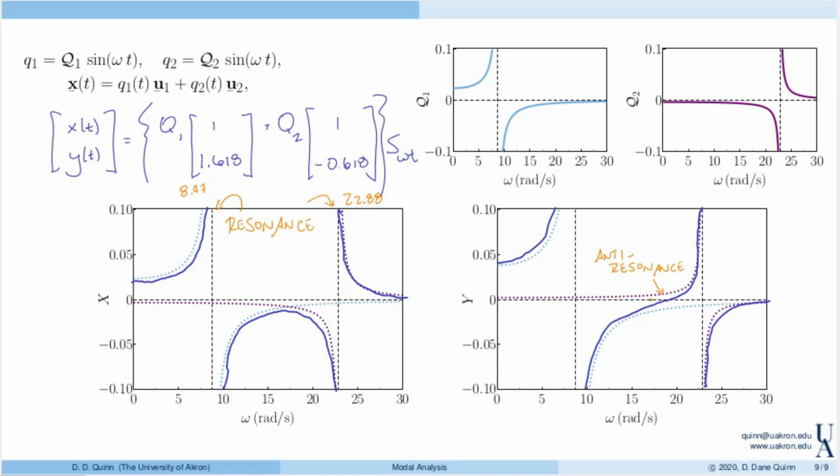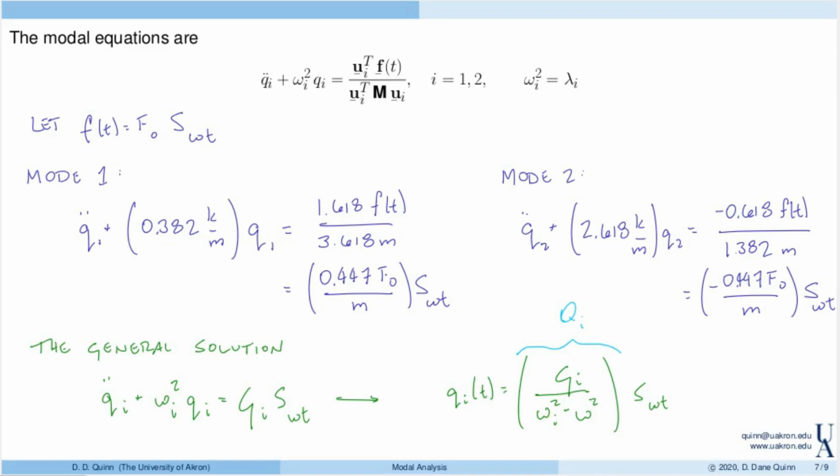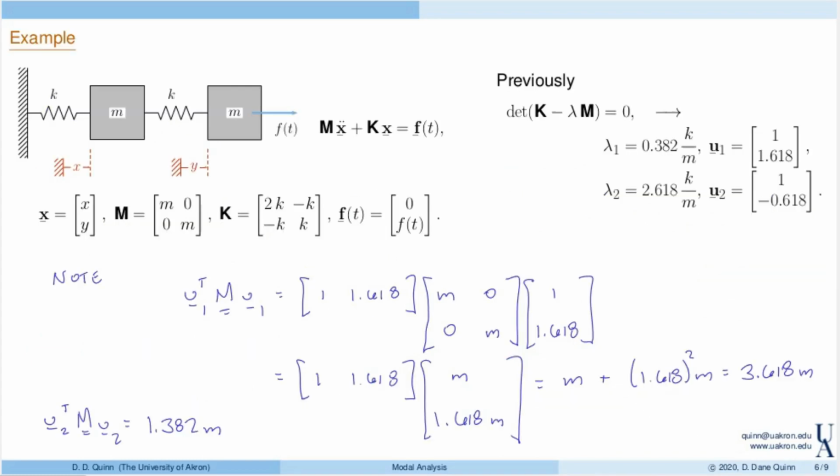The response amplitude of the second mass is 0. So let me go back and look at the physical picture here. For that one special frequency, I am forcing the system. Block 1 is moving around. Block 2 remains completely fixed.